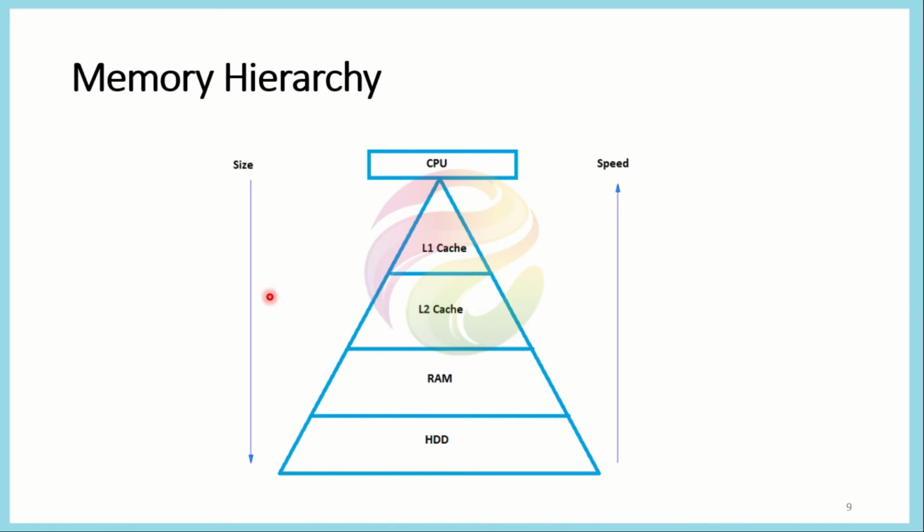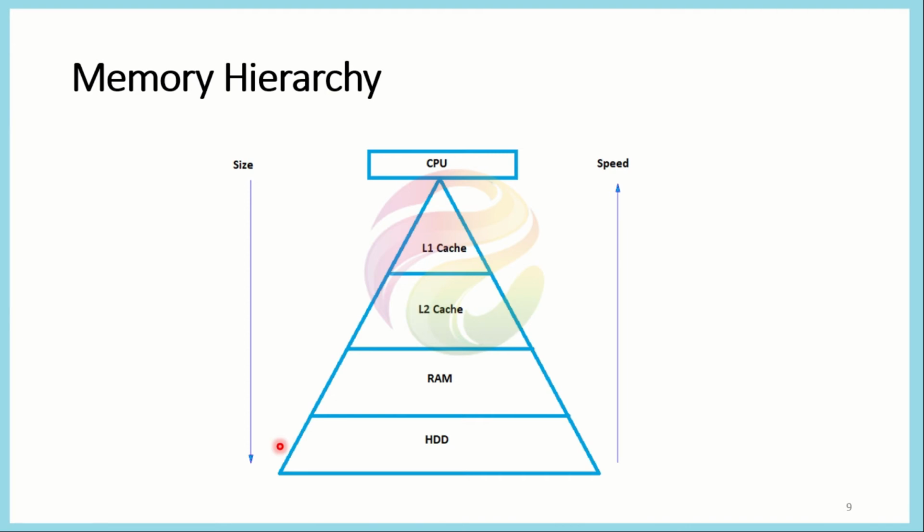In this hierarchy of the memory, if we follow from the CPU towards the hard disk, the size of the memory increases. L1 always has a very small size, mostly in KBs, while the L2 cache is just about a few MBs. Then we have the RAM, and the RAM is mostly 8 GB or 16 GB in this range.